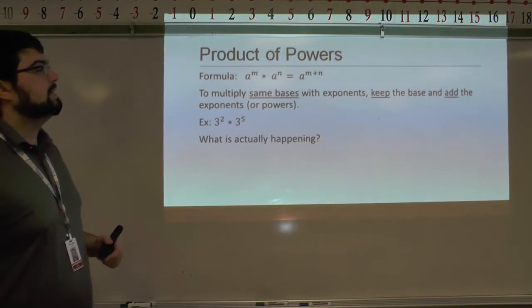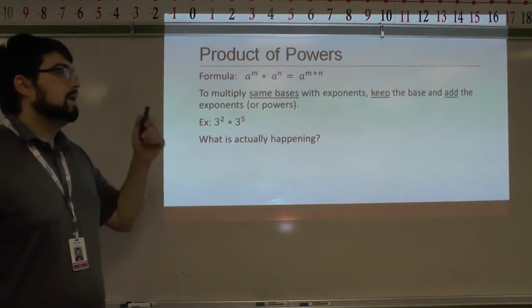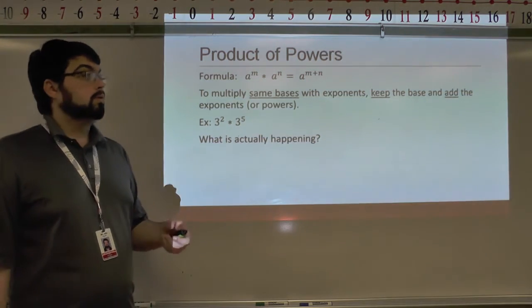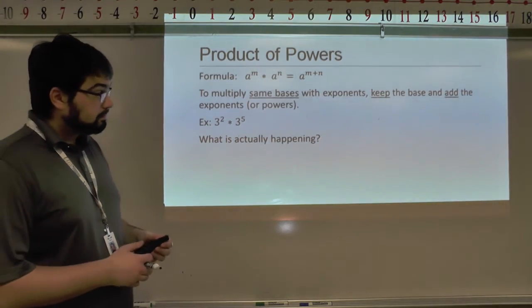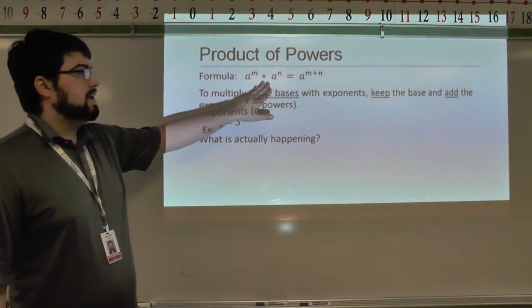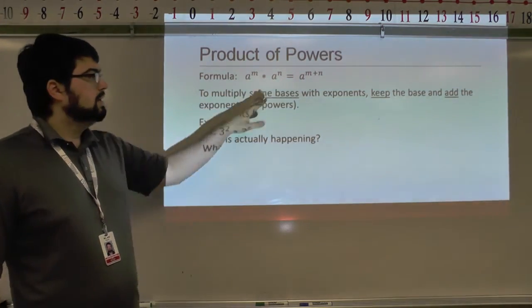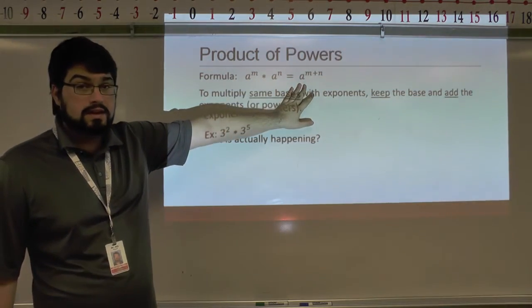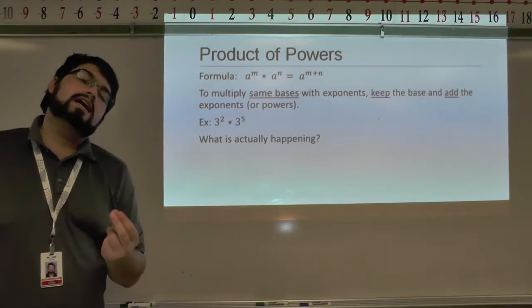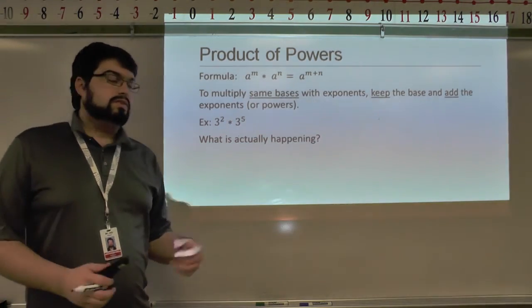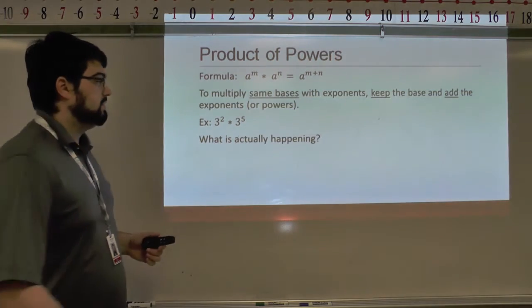To multiply same bases with exponents, keep the base and add the exponents, or powers. Obviously, that is exactly what we see here. We have a base with 2 exponents. When we equal it, we're going to say keep the base, which is a, and add our exponents. That's exactly what our formula says. So let's do this quick example of 3 squared times 3 to the 5th.